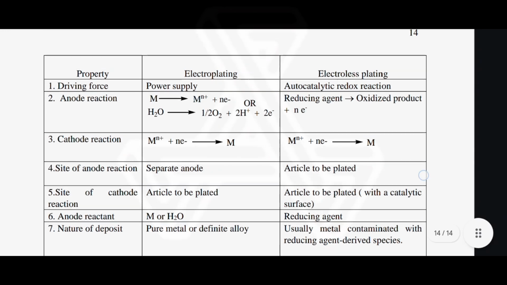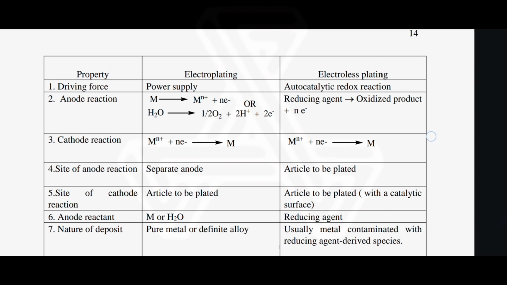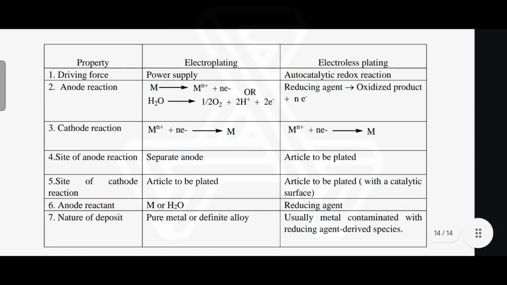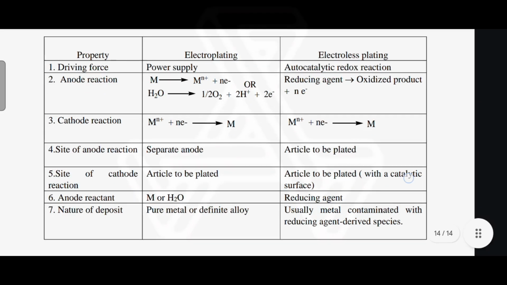Anode reaction: M gives Mn+ + ne-, or H2O gives half O2 + 2H+ + 2 electrons. In electroless plating, the reducing agent gives an oxidized product plus ne-. Cathodic reaction: Mn+ + ne- gives M. Here also Mn+ + ne- gives M.